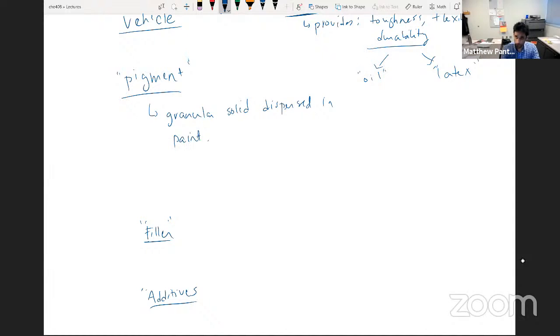And there are two different types of pigments. It can provide color or opacity. So opacity is the condition of being opaque, or not being able to see through something, right?